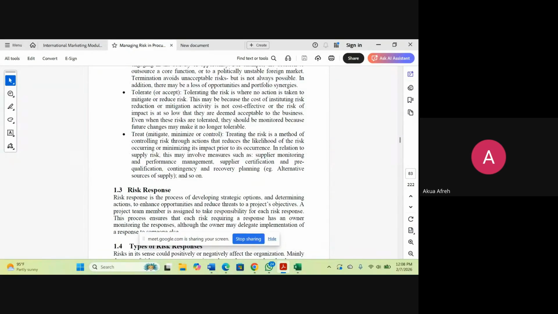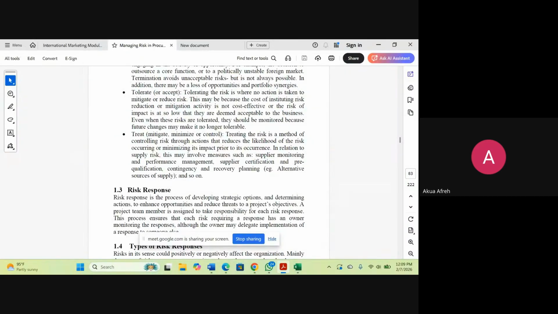It is a deliberate decision that you take, because the risk is small, because if you want to fix the risk, the cost involved is too much, or maybe there are no practical solutions right now that you can use to fix that particular risk.